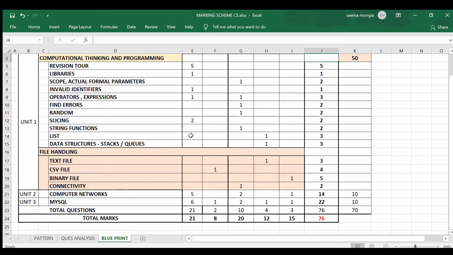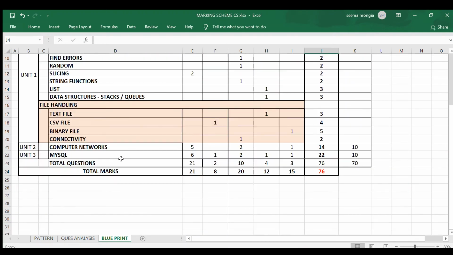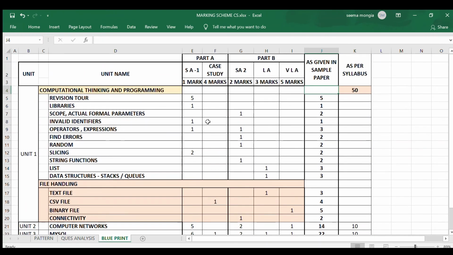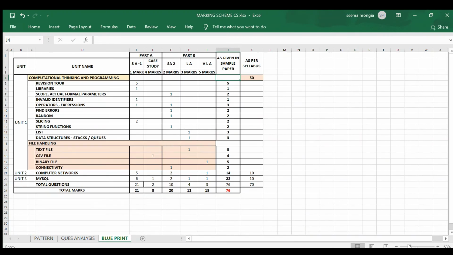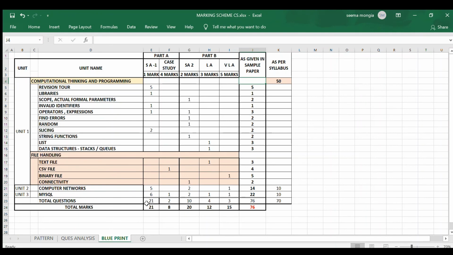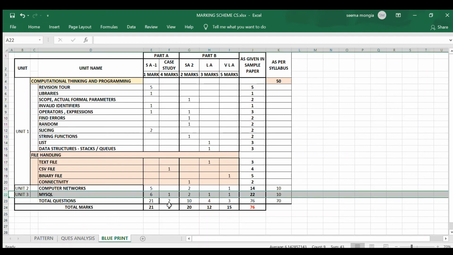Now coming to the topics unit wise, I have shown you that MySQL carries 6 questions of 1 mark each. Let us talk about MySQL first. It will be having 6 questions of 1 marker as per the sample paper. There is 1 question of 4 marks, that is in the case study.